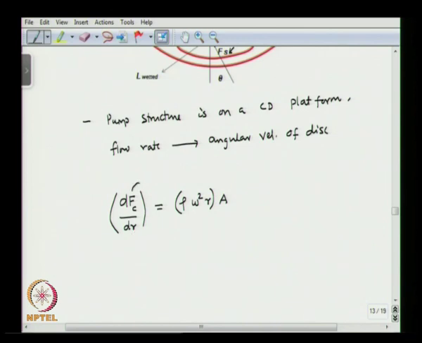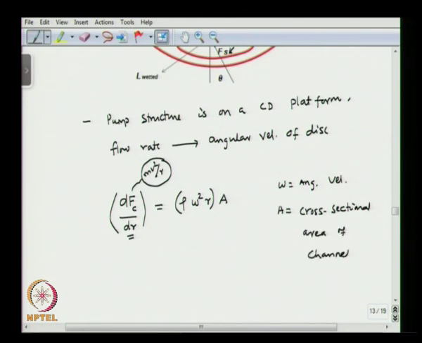So, Fc is m v square over r. Okay. So, then we have dr here. So, that would take rho omega square r into the area of cross section of the channel. Okay. So, here omega is the angular velocity and A is the cross sectional area of the channel. Okay.